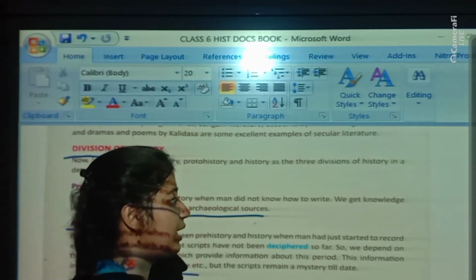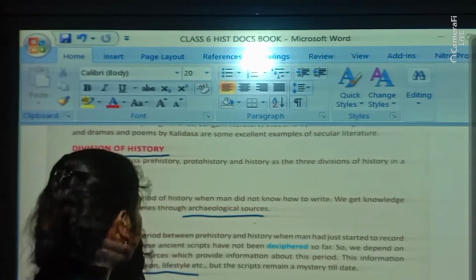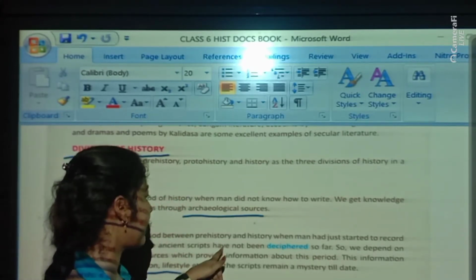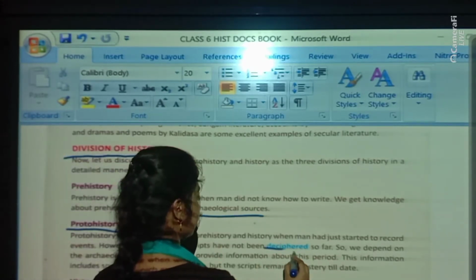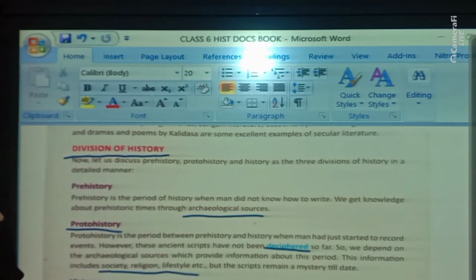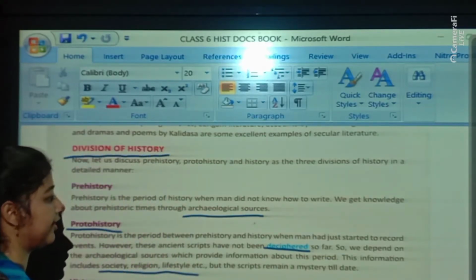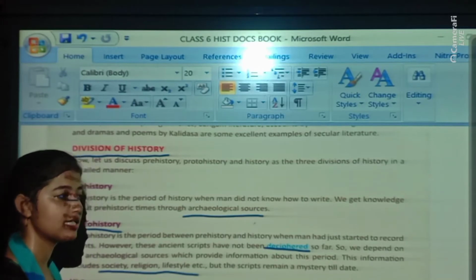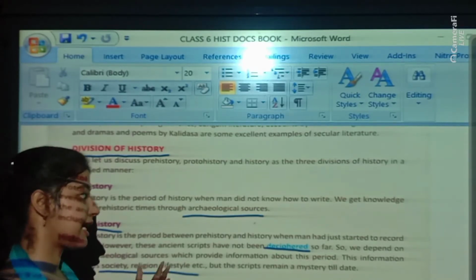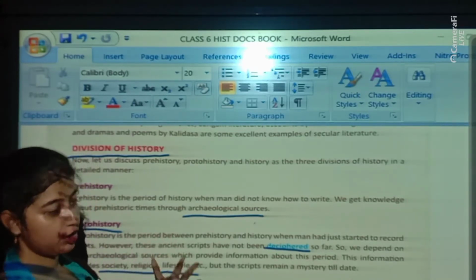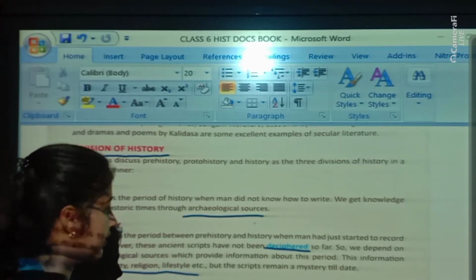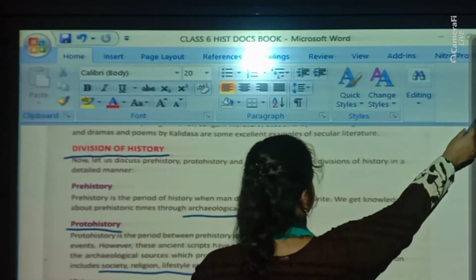So this period is called protohistory. Here the script has not been deciphered. It really means their language and their symbols are their own, but they did not get into the whole world, right?